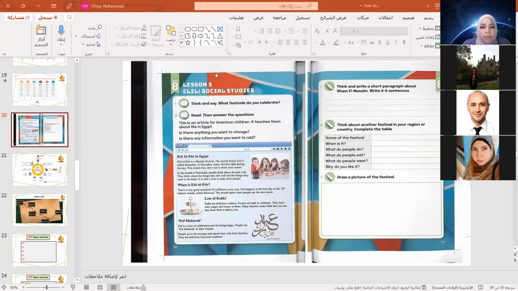Thank you for sharing, Ms. Marwa and Ms. Azza. Be able to explain what Eid al-Fitr is. Thank you, Ms. Rania, and the degree: to write sentences correctly about Egypt. Yeah, correctly. Okay, thank you.